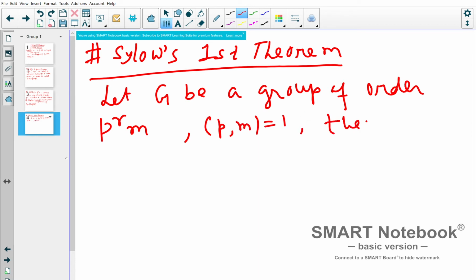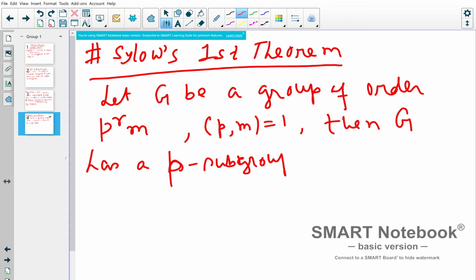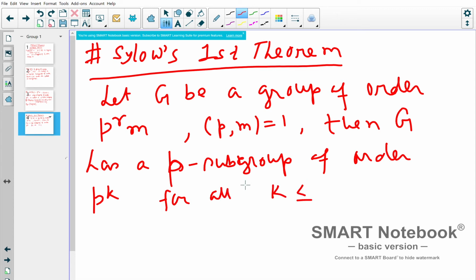Then G has a p subgroup of order p power k for all k between 1 and r.